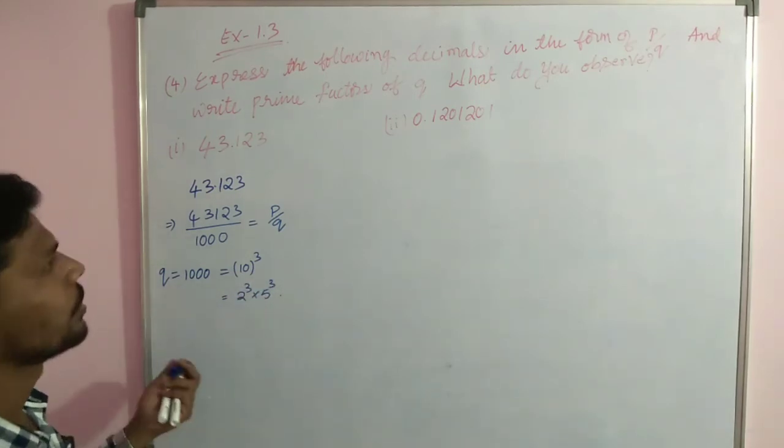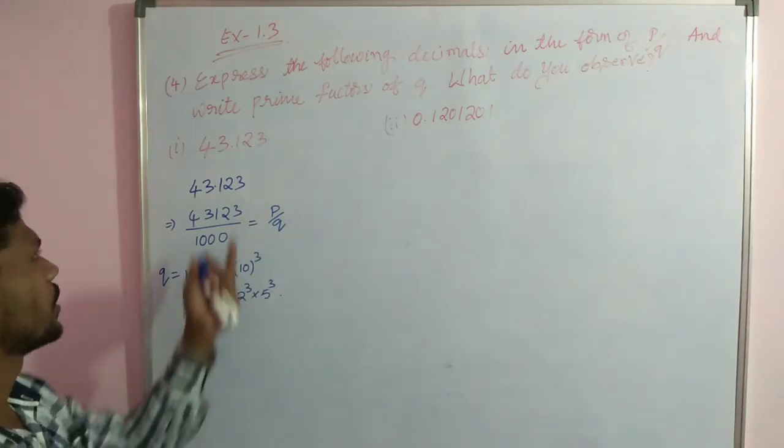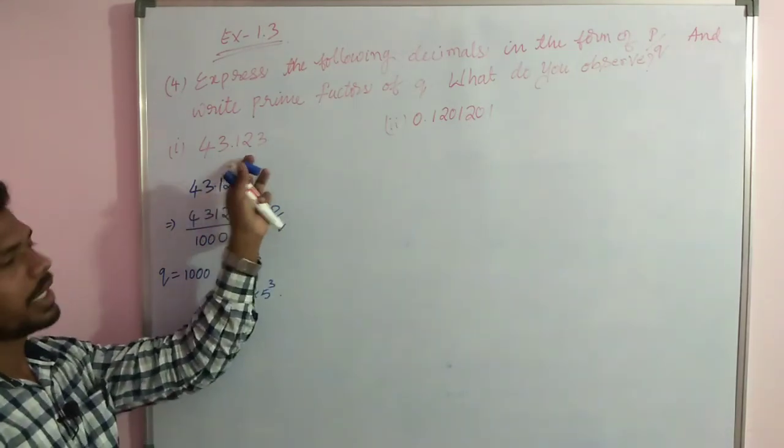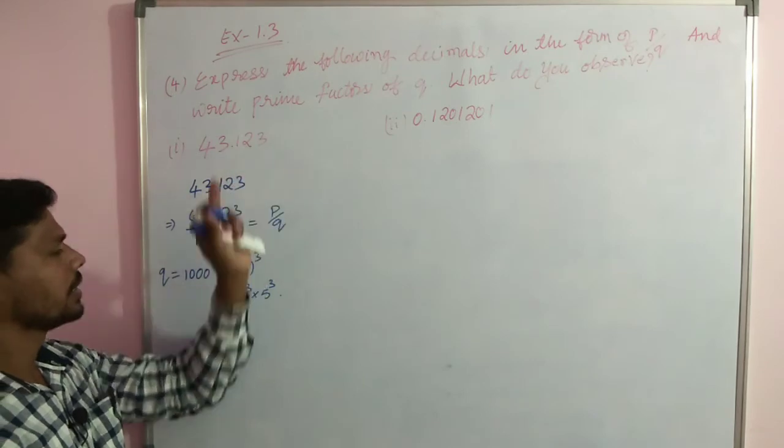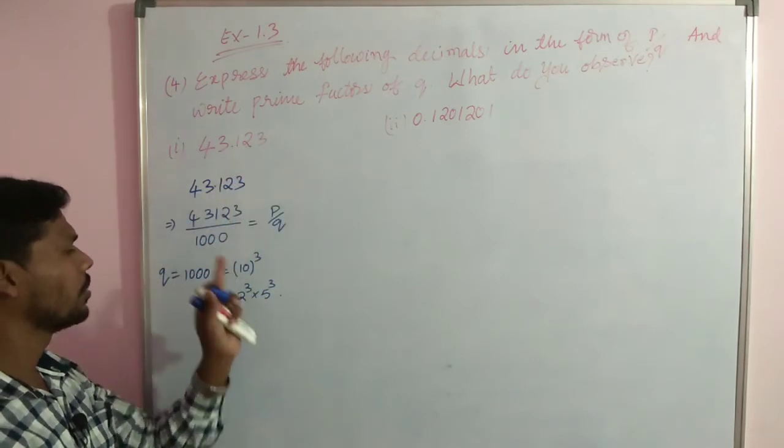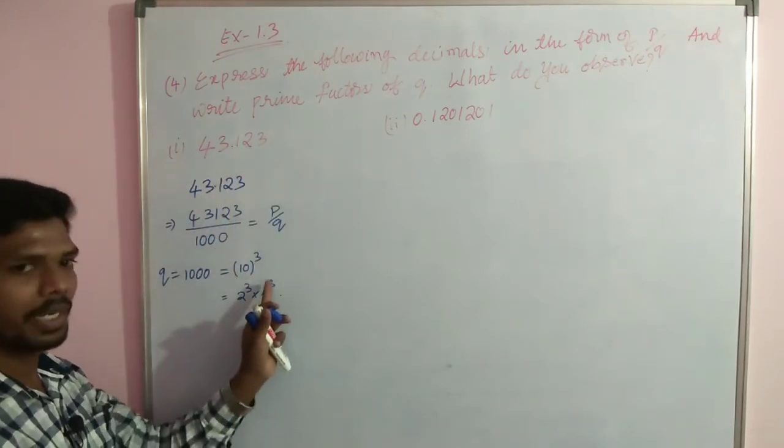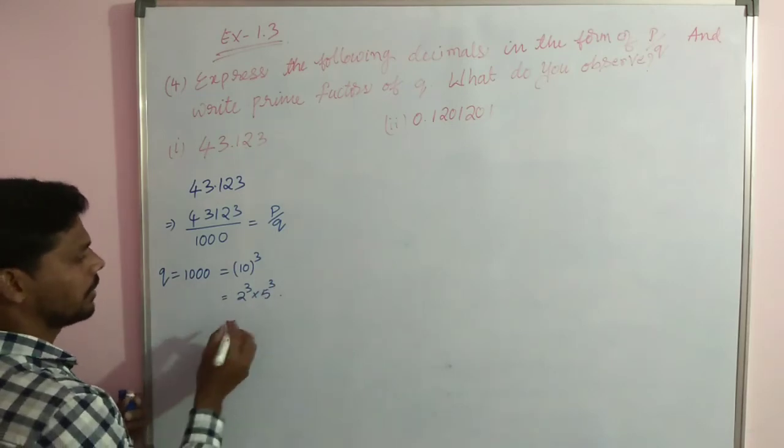So what do you observe? I observe from this that for a terminating decimal, we can write its denominator in the form of 2 power n and 5 power m.